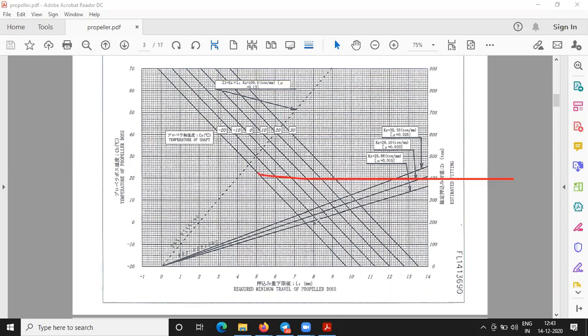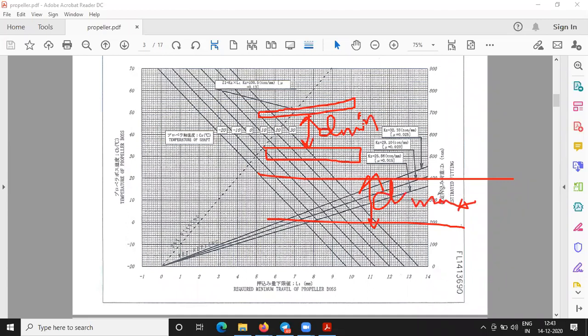Because at maximum temperature of the shaft, the diameter of the shaft is maximum at that point, because of the expansion. Minimum temperature on the boss. Why? Because the diameter of the boss hole is minimum at that point. So we will have to check the clearances between the minimum diameter and maximum diameter of the shaft.